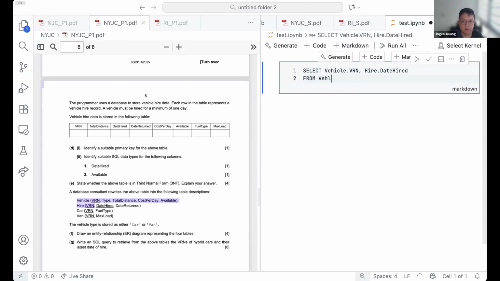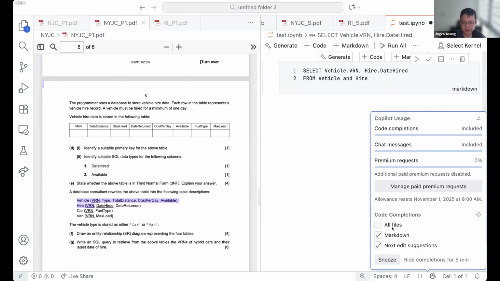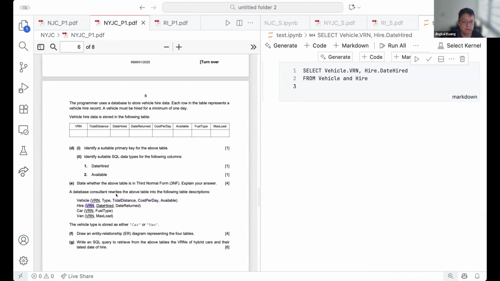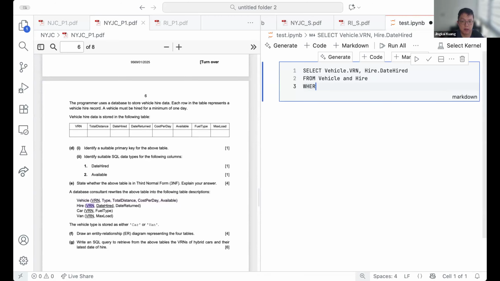I got an AI autocomplete trying to complete it for me; I have to turn this off, very irritating. Then I need to match the VRN in hire to the vehicle VRN, so I do where vehicle dot VRN equals hire dot VRN.